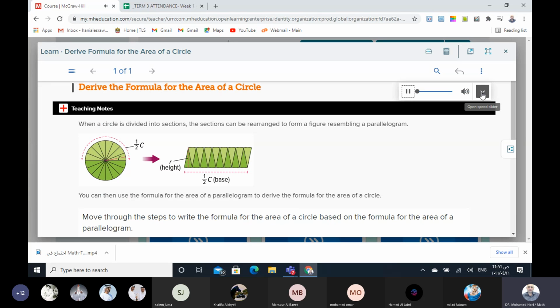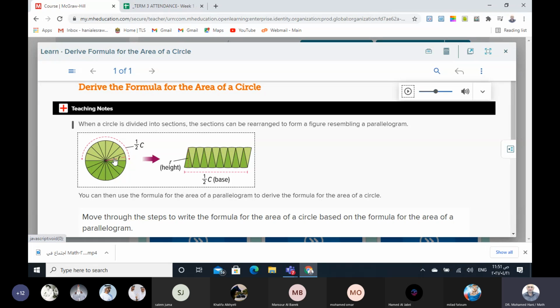Derive the formula for the area of a circle. Teaching notes. When a circle is divided into sections, the sections can be rearranged to form a figure resembling a parallelogram. As you see, when we divide the circle into many sections, the sections form the parallelogram here.